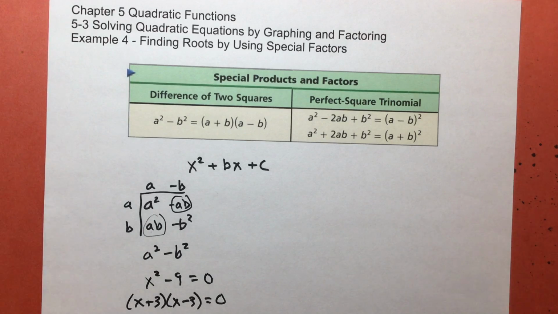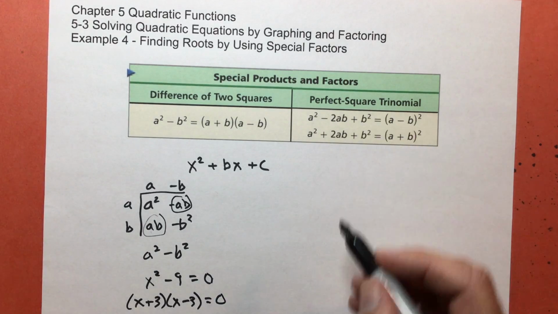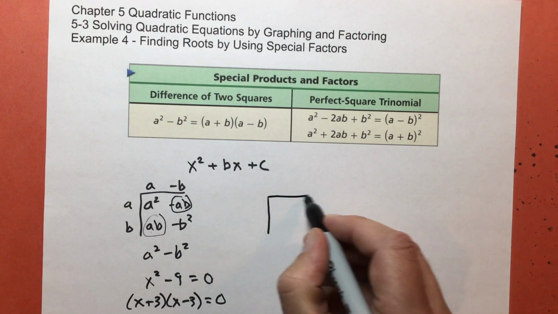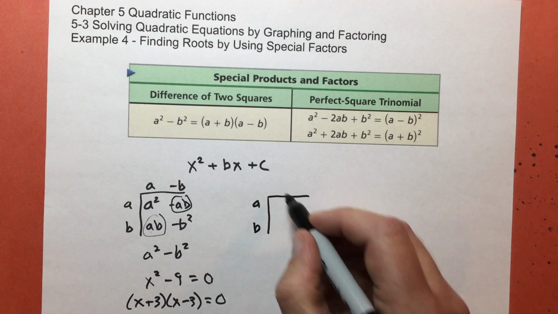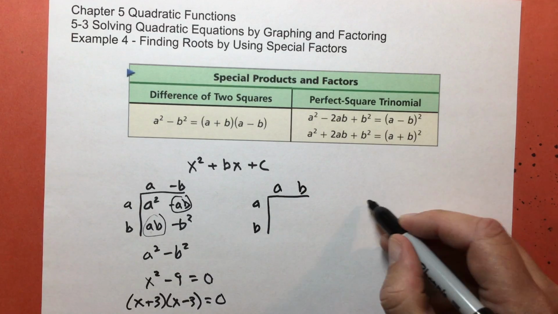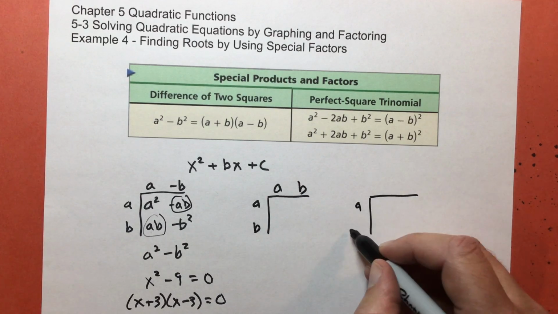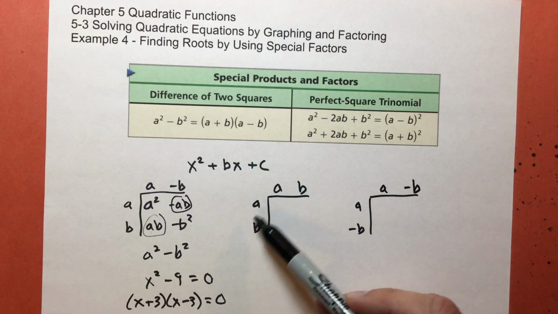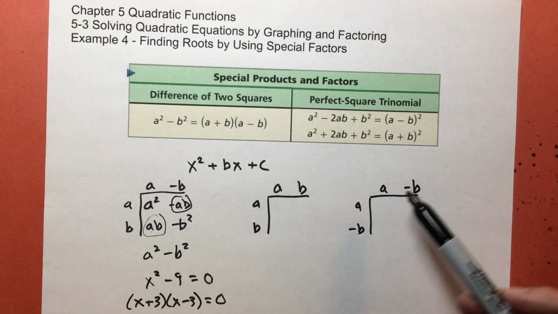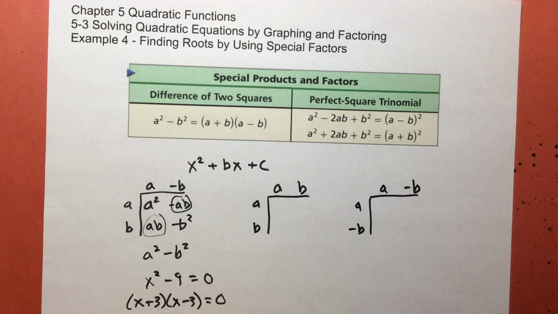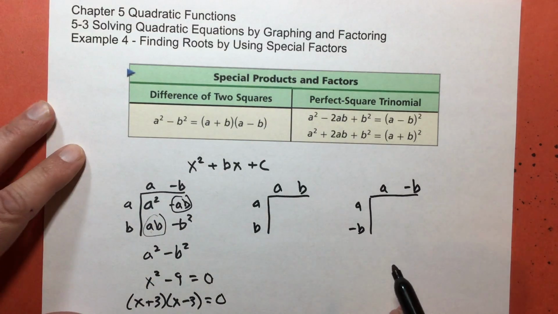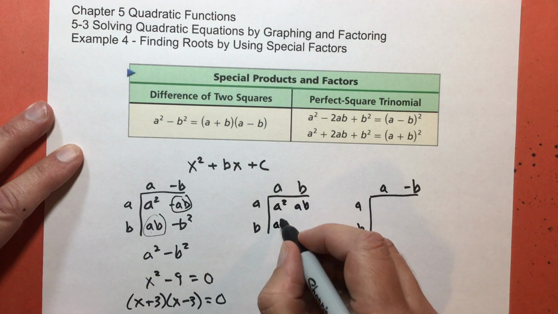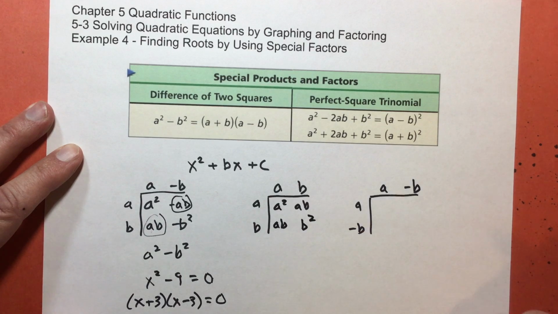The other pattern that we're going to see are called perfect square trinomials. These are all the same idea. I have a plus b, a plus b, and this one is going to be a minus b, a minus b. So this is if everything's added, this is if both of them are subtraction, and this is if you have adding and subtraction together. Look what happens here. I get a to the second power, a times b again, and b to the second power.